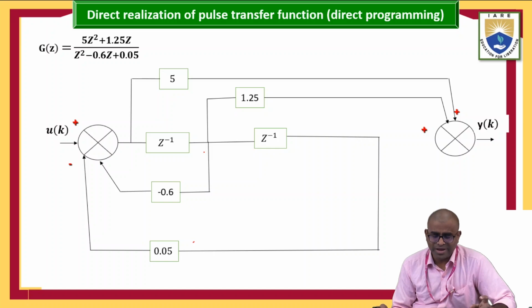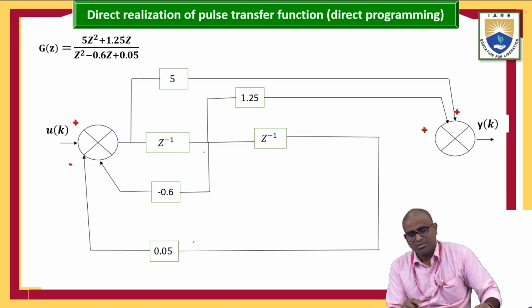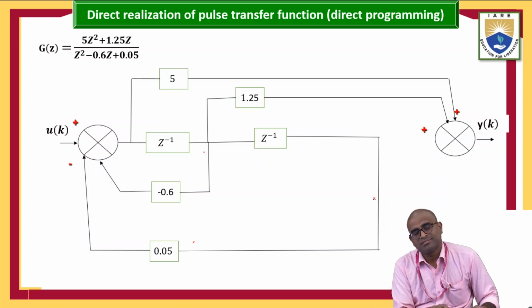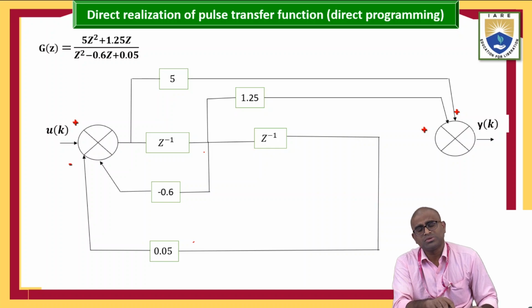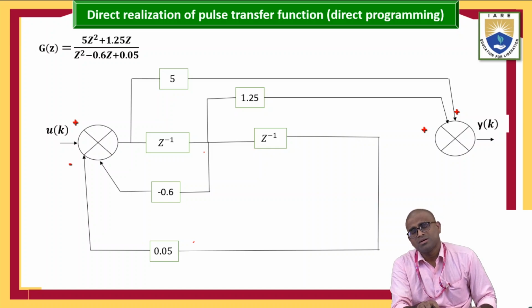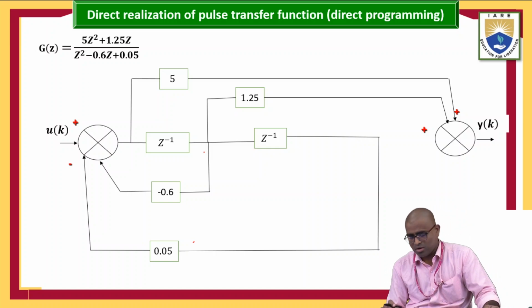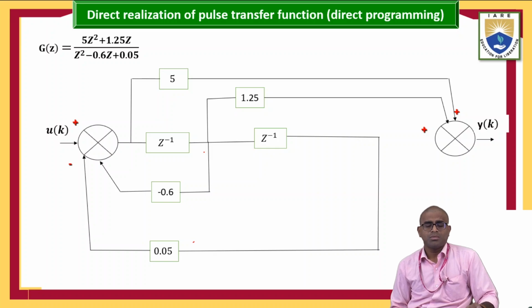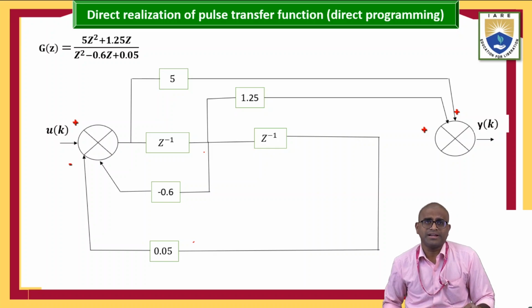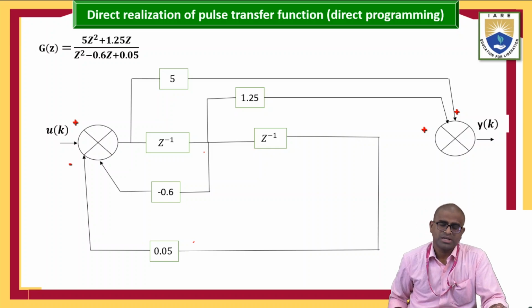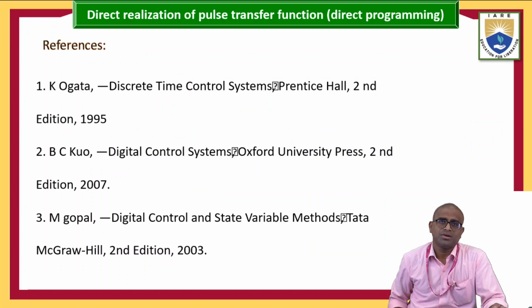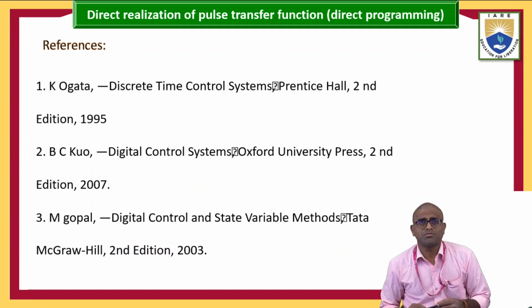So that's why it is coming as feedback only directly. After the feedback function, the function is going in the feed forward path. Okay, now this is your problem in case of the direct realization. These are the reference books.